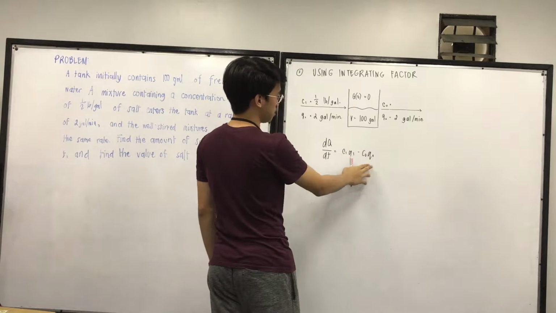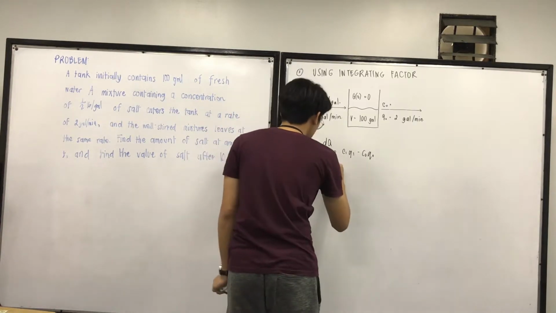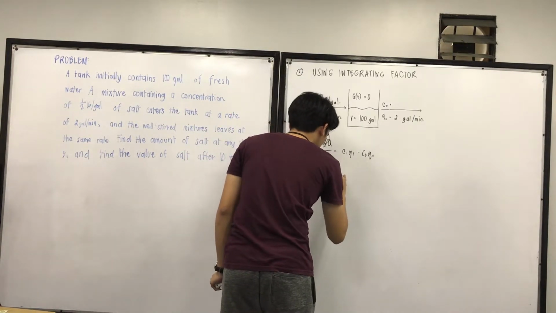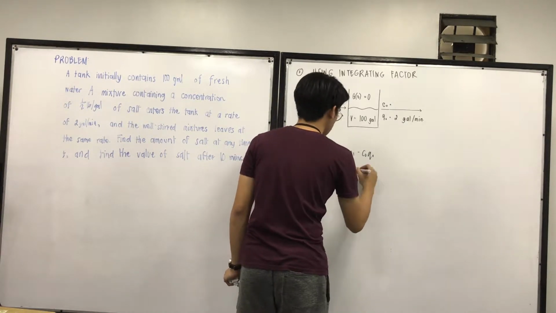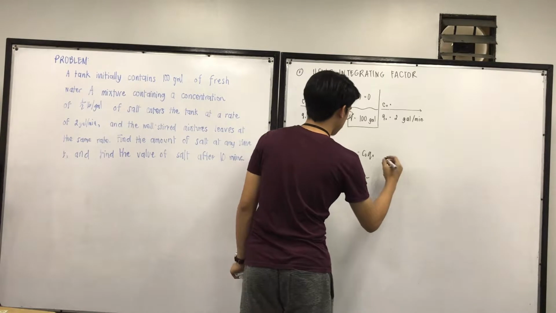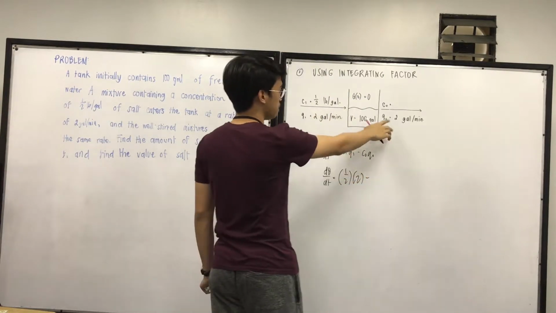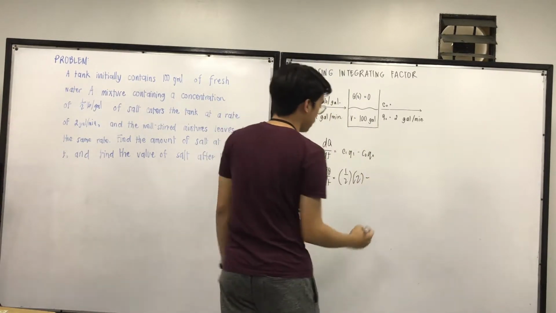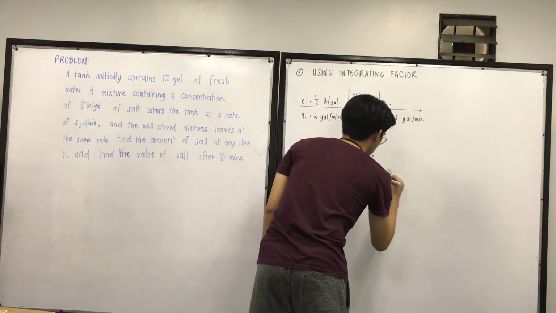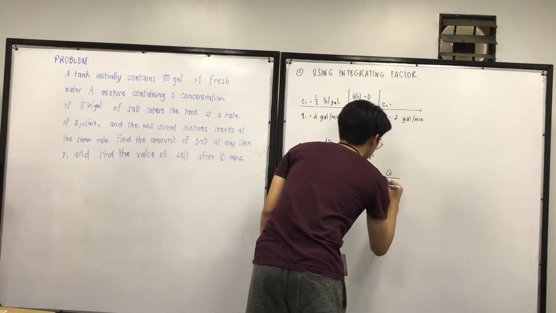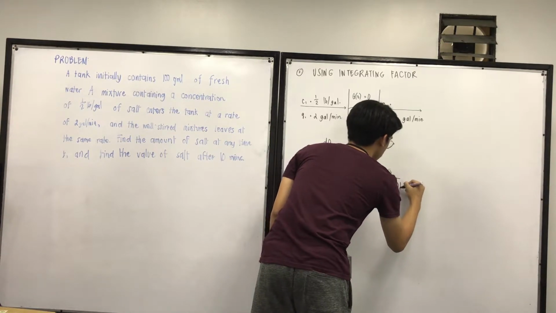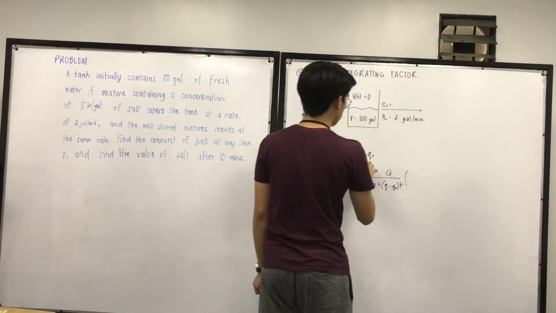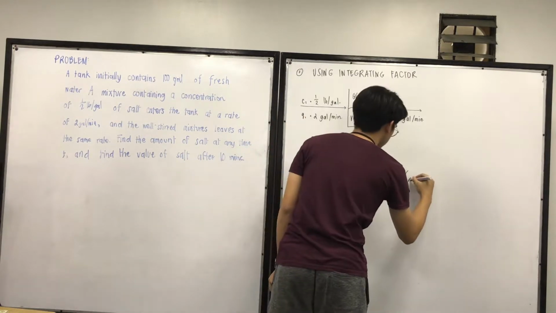By substituting each value, we get dQ over dt equals 1/2 multiplied by 2 minus Co. Since we are not given Co, we know that the formula for Co is Q over the total volume plus the difference between Qi and Qo multiplied by t, multiplied by Qo, which is equal to 2.